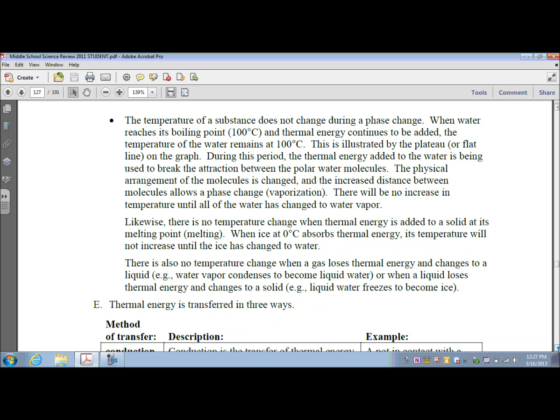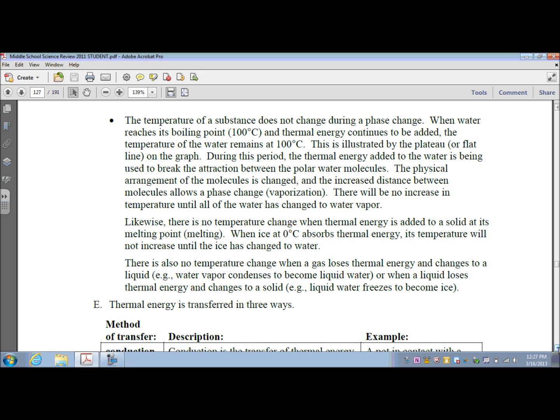The temperature of a substance does not change during a phase change. When water reaches its boiling point at 100 degrees Celsius and thermal energy continues to be added, the temperature of the water remains at 100 degrees Celsius. This is illustrated by the plateau or flat line on the graph above.